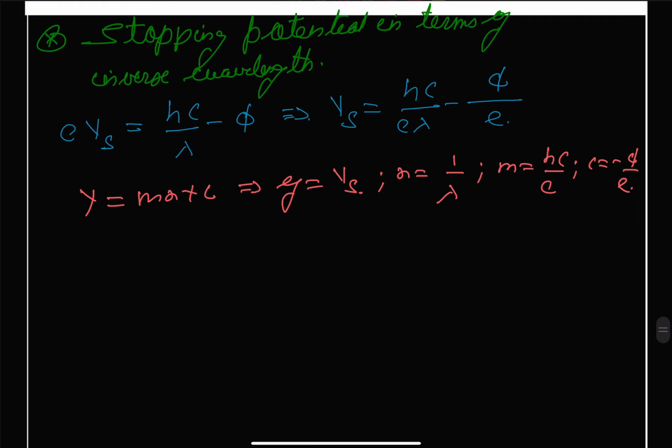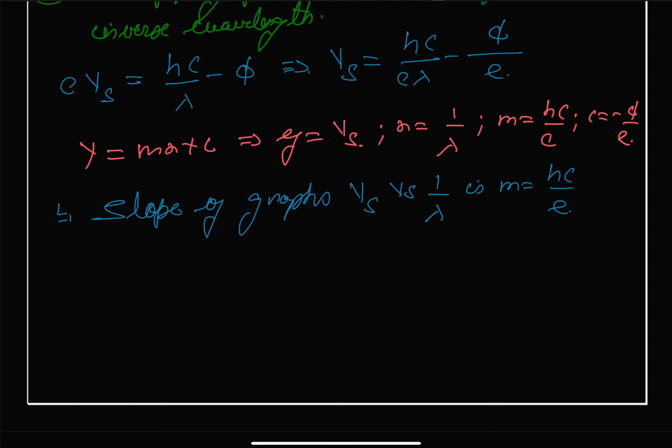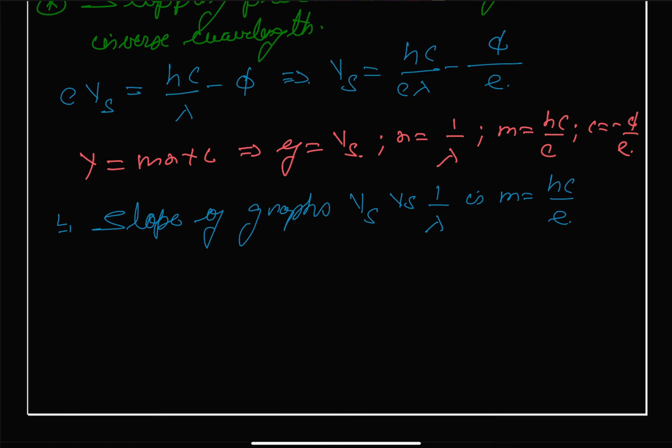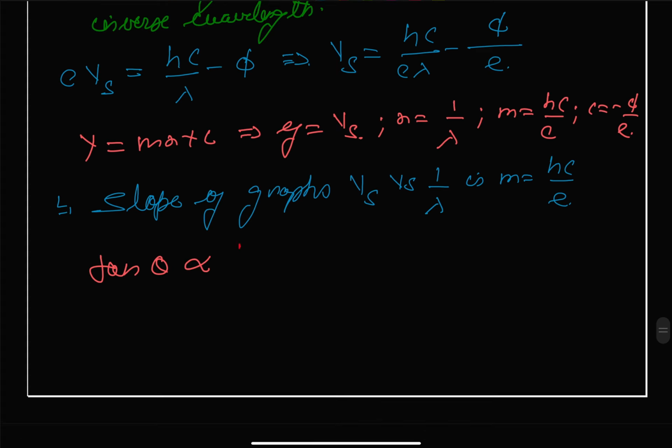So the slope of the graph Vs versus 1 upon lambda is m is equal to hc upon E. And if you see, this slope is dependent upon hc upon E. All these values are constant, and we can also say that tangent of theta is proportional to hc upon E.